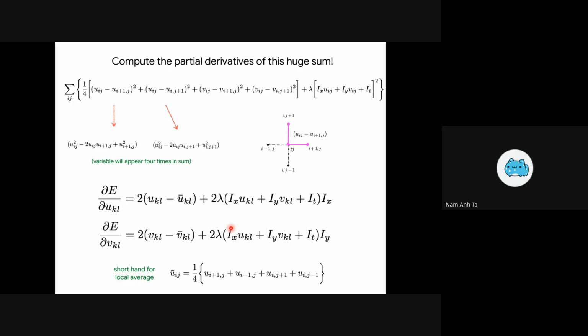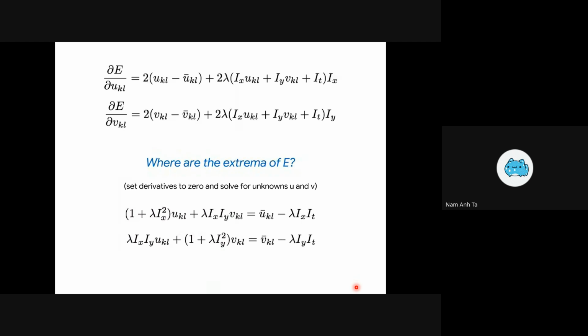After taking all of the partial derivatives with respect to u and v separately, we arrive at the following system of equations. These equations allow us to iteratively update the flow vectors until the entire field reaches an optimal smooth state. We have just taken the partial derivative of the energy function E with respect to UKL and VKL.